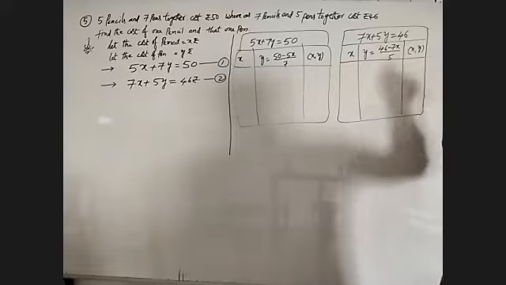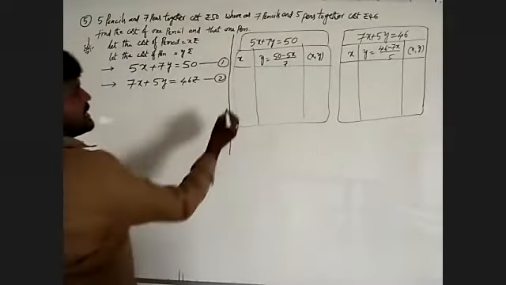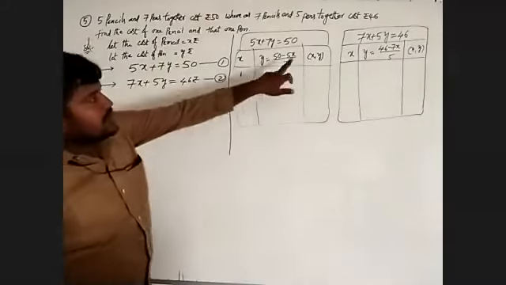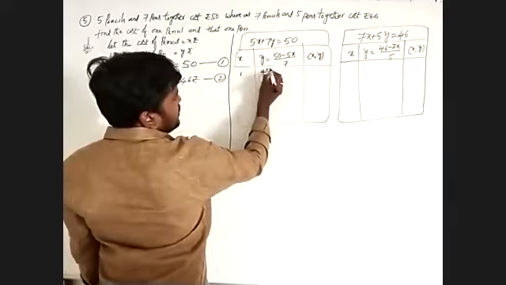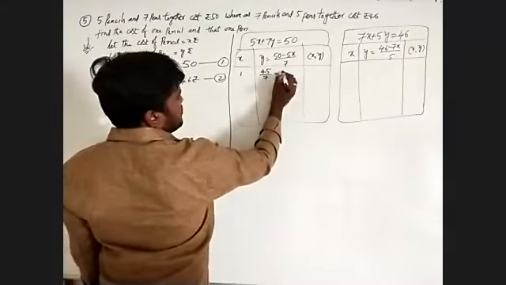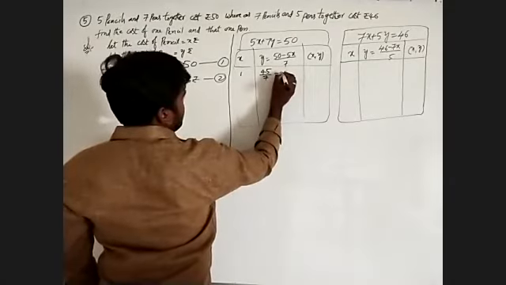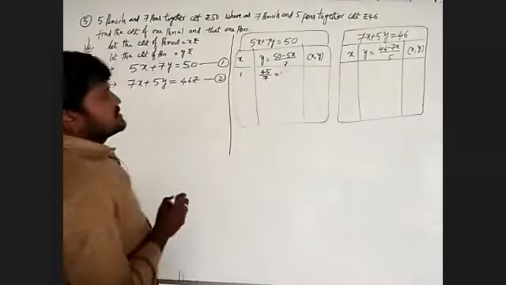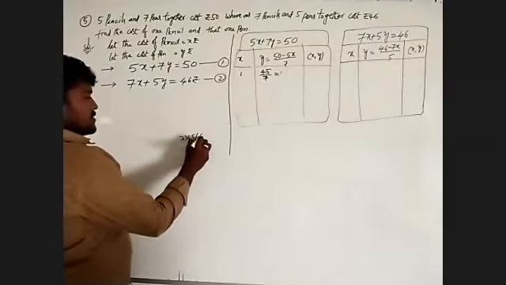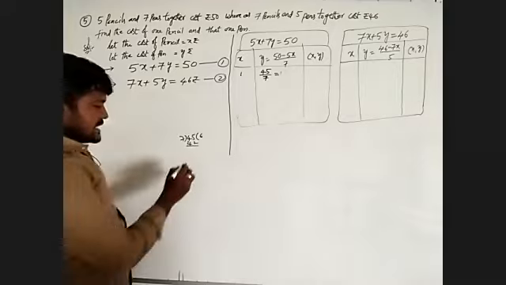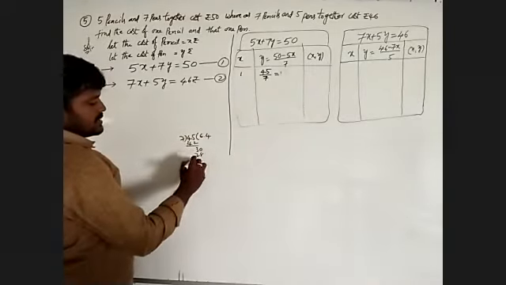We'll observe in this one. Here first I have to take some x values. I will take that x is equal to 1. 5 ones are 5. 50 minus 5 becomes 45. 45 by 7. 7 sixes are 42, then the remaining is 3. 0.4, 28, remainder is 2.